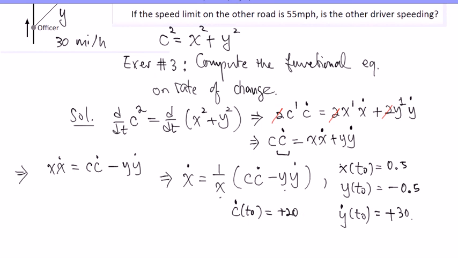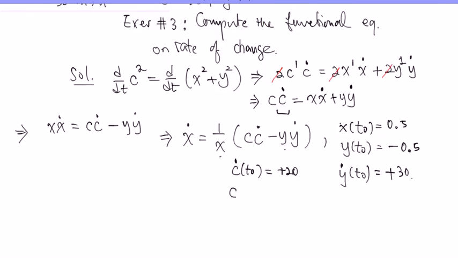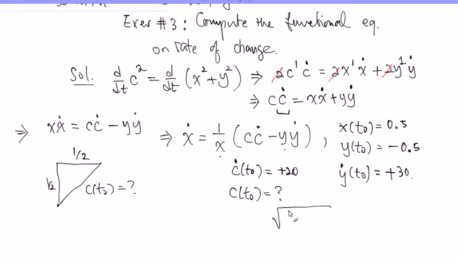All you have to figure out is c of t0, right? At that instant, what is the hypotenuse? It's 1/2 here, 1/2 there, and what is c of t0? c of t0 itself is the hypotenuse of the sides. So what is that by Pythagorean theorem? Square root of that square plus square of that, right?